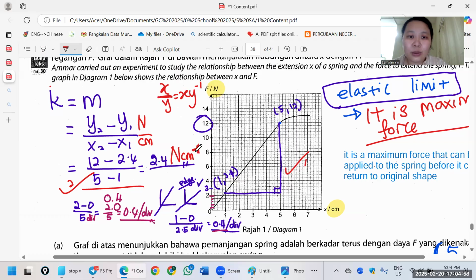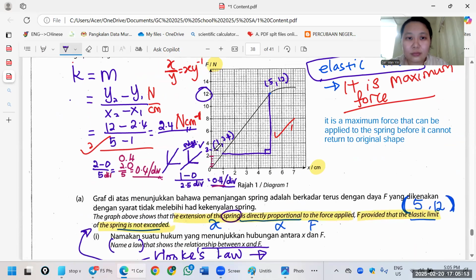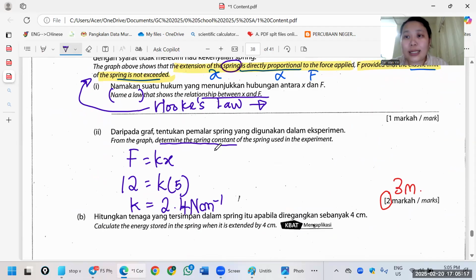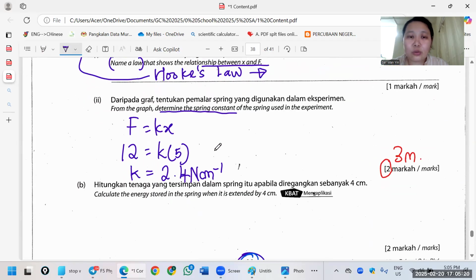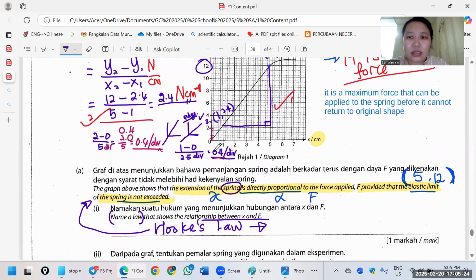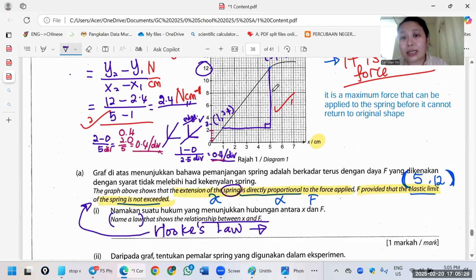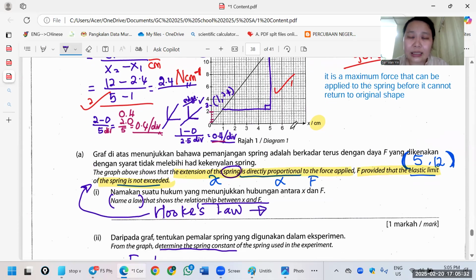We write it short, but when we speak it out, we must speak out the full one: Newton per cm. So if 3 marks, you get 3. And if 2 marks, also can like this. I still encourage you to use gradient, to play safe.